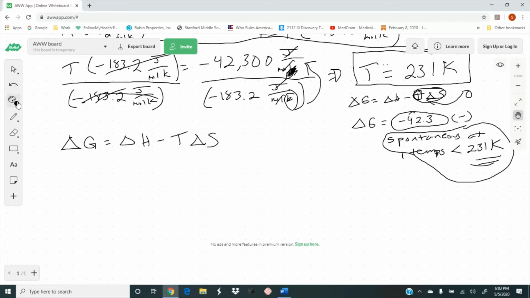Because when delta G is 0, if you plug in 0 for delta G, then you have 0 equals delta H minus T delta S.